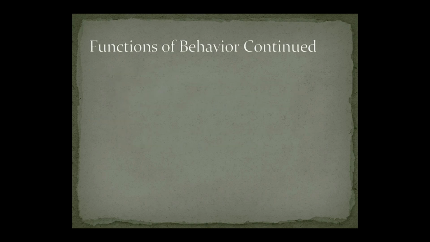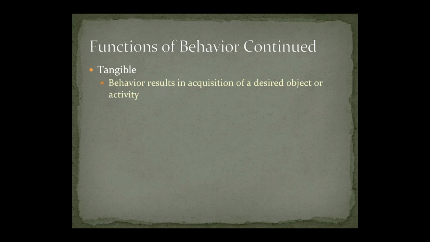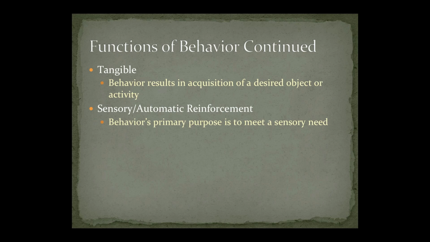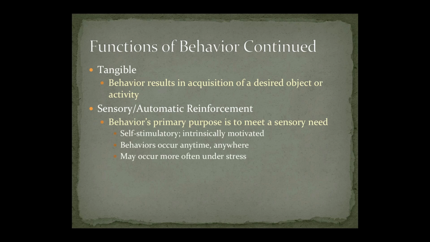Functions of behavior continued. Tangible. Another reason behavior occurs is because it results in acquiring a desired object or activity. Sensory or automatic reinforcement. Behavior's primary purpose is to meet a sensory need. Self-stimulatory behaviors are included in this, which are intrinsically motivated.